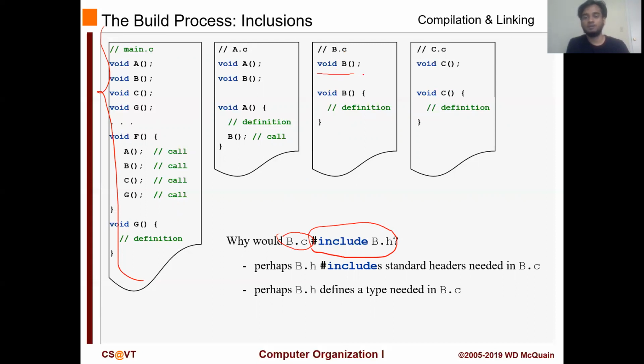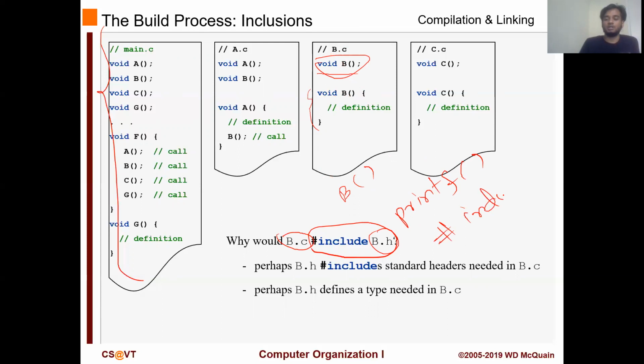We have this and then we are implementing it all over again, so why do we need this? Maybe some of the library functions were declared in b.h, and that's why we are putting that here. For example, in our b function, we might write printf. But for printf, we need the #include stdio.